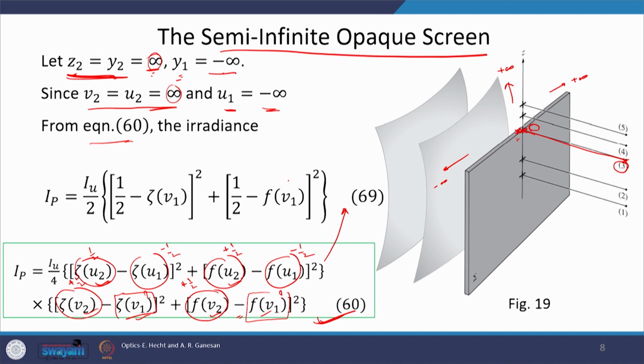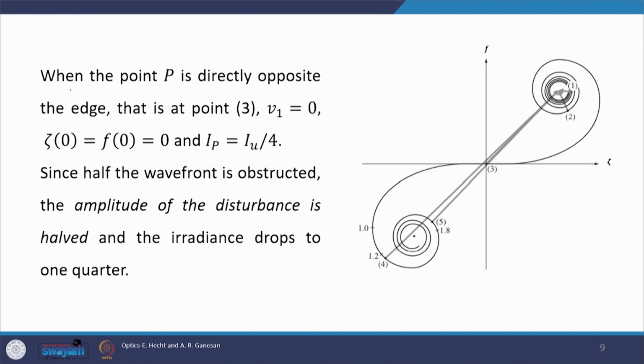Therefore, the point V1 for point 3 would be equal to 0. In this particular case point P is directly opposite to the edge and V1 is 0. If V1 is equal to 0, zeta 0 would be equal to f 0, which is equal to 0, and the value of equation 69 would be equal to I u by 4.